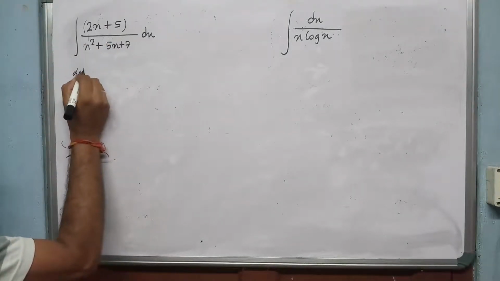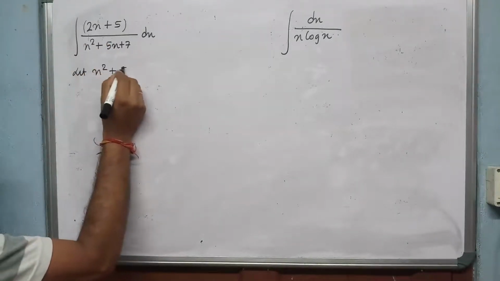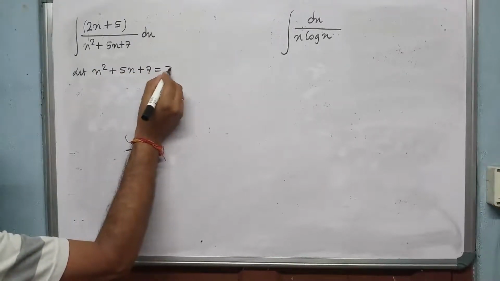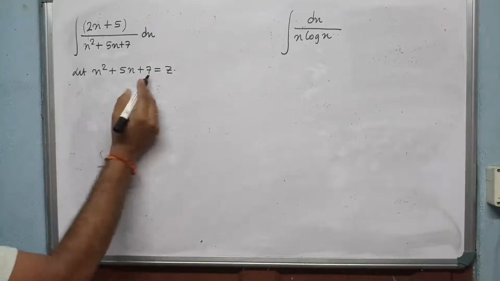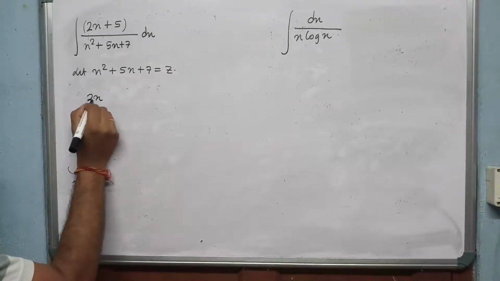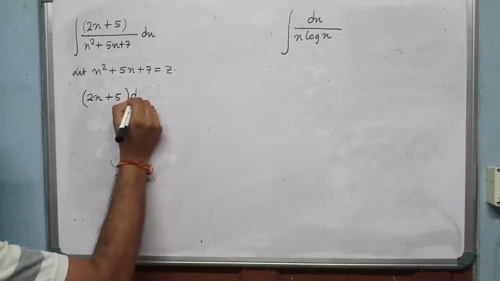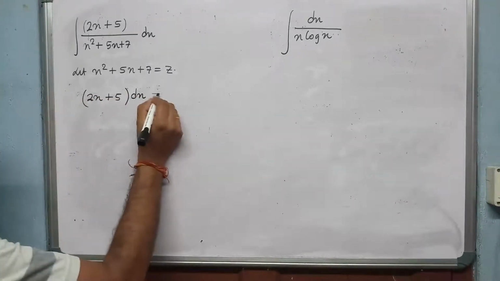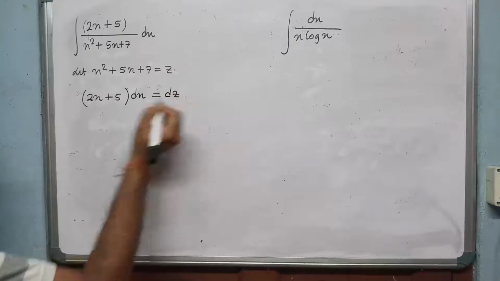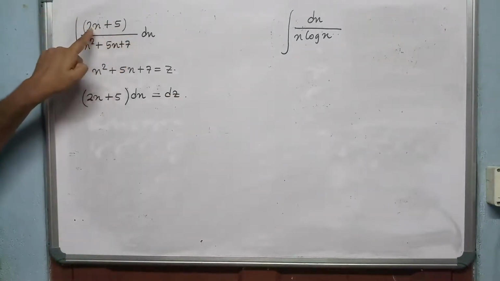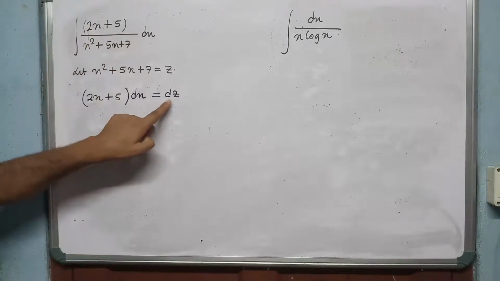So I'll consider let x square plus 5x plus 7 equals to z. Now the derivative of x square is 2x, of 5x is 5. After the derivative you have to write dx equals to dz. Now we get this numerator 2x plus 5 dx equals to dz.